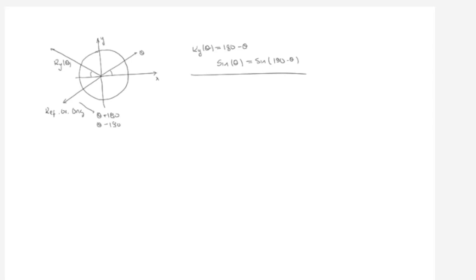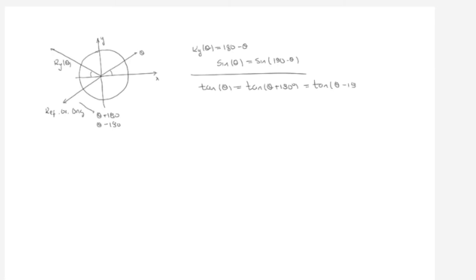These two angles give us the same terminal side that represents the reflection around the origin. For these two angles, we have that tangent is the same. We have that tangent of theta is the same as tangent of theta plus 180 degrees, or also tangent of theta minus 180 degrees.